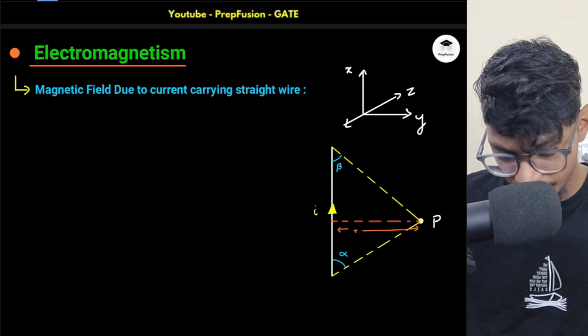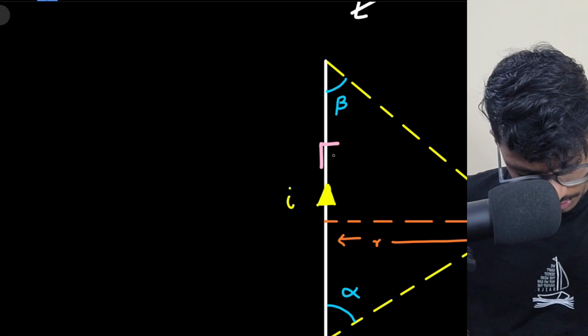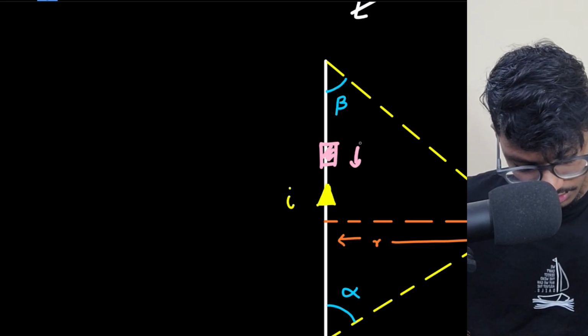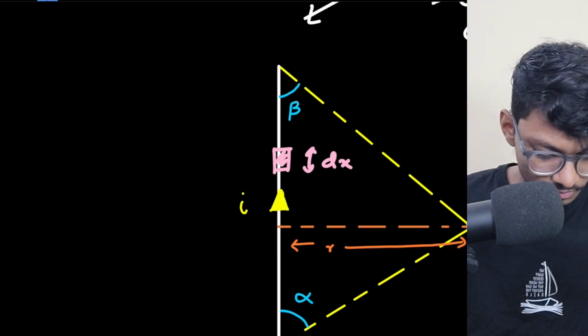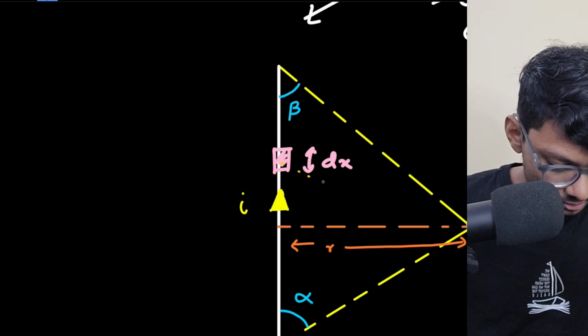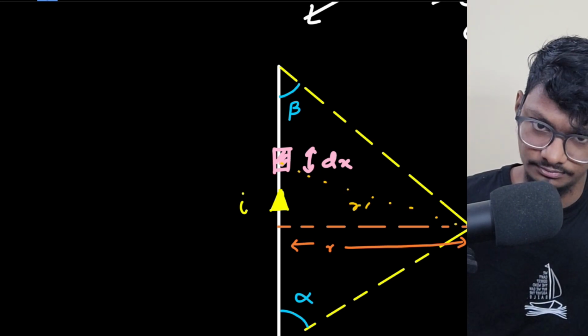So first of all, I will just take a small element. Okay, small line current element dx. If I take a small line current element dx, the distance from this dx will be what? This is very small. Okay, it will be almost equal to r dash.